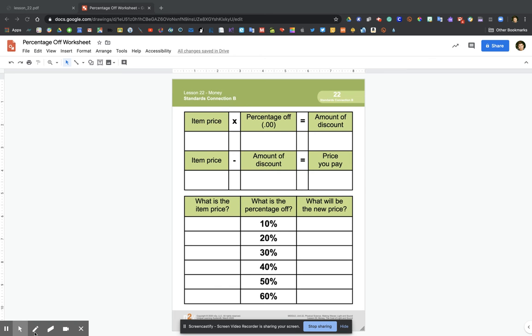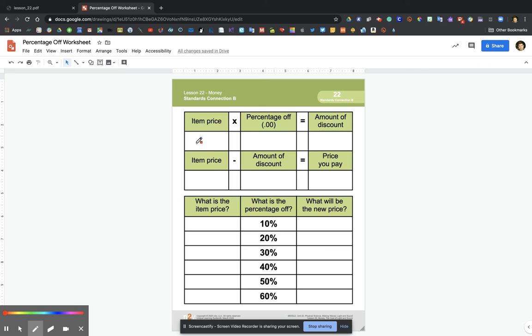So let's say that we go to the store and we buy a shirt that costs $10. And then we're going to multiply. So I'm going to go ahead and put the times sign in there. And then let's say that it is 15% off.